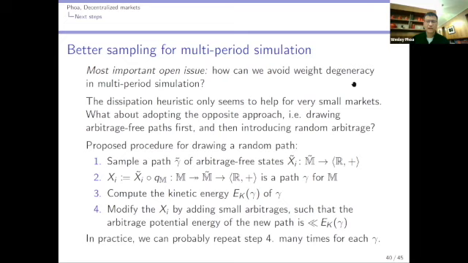So what you would do is not sample from the Markov model M at all to begin with, but from the quotient graph, and then lift that to M, and then add small arbitrages such that the potential energy was a lot less than the kinetic energy of the path. And maybe for each arbitrage-free path, you sample a lot of paths with arbitrage around it, and that might be a good way to sample. I haven't tried that yet, but I think that might be promising and helpful.